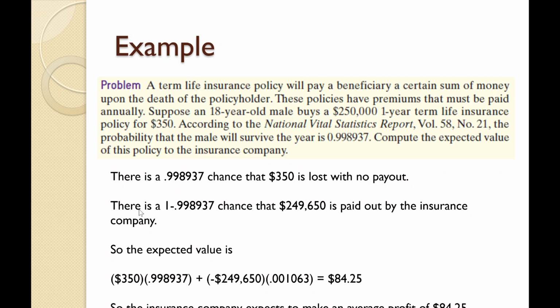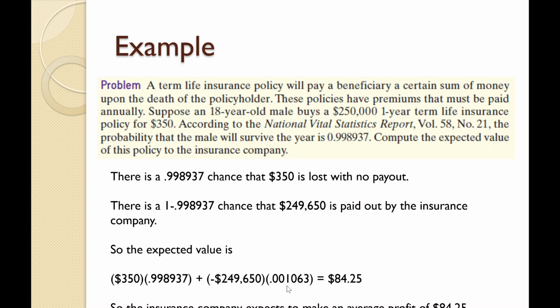And so then, if we do 1 minus this, that is the chance that they actually do die. And then they're going to be paid this much, obviously the 250,000 minus the 350 they paid for the insurance. And so the calculation comes here, this times this, and negative this times that.